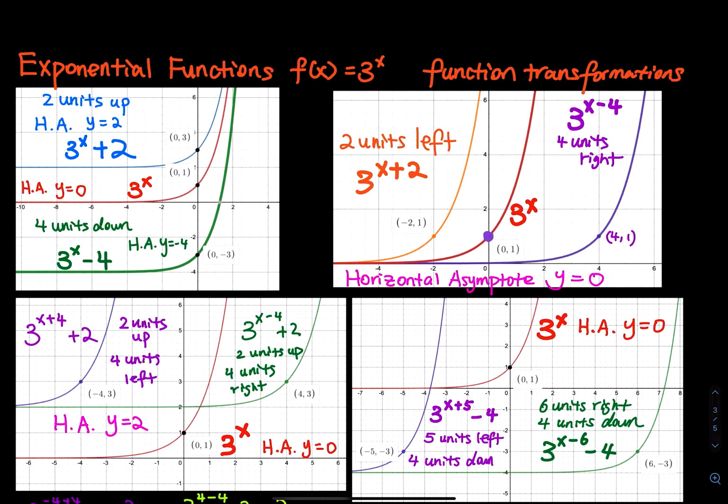The y-intercept was at (0, 1), and now it is no longer the y-intercept. You shift 4 units to the right from (0, 1) to (4, 1). So you have a point right over here, 4 units to the right. And since we didn't go up and down, the horizontal asymptote remains as y equals 0.